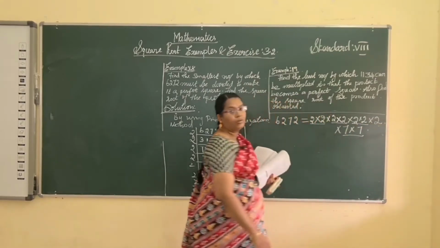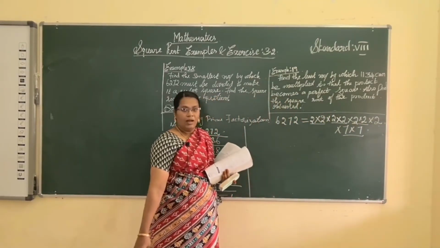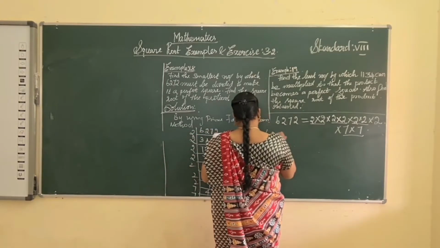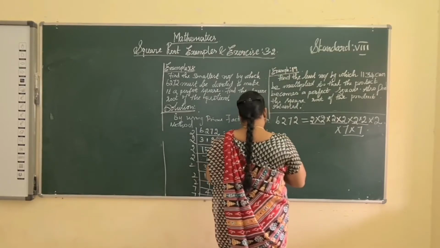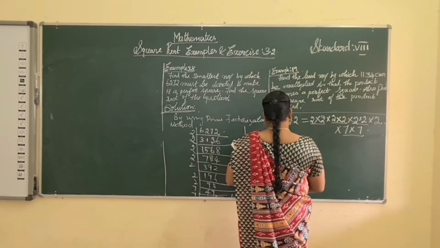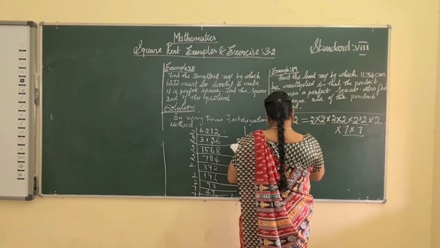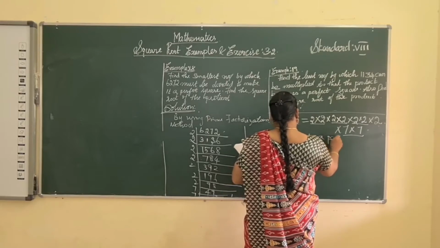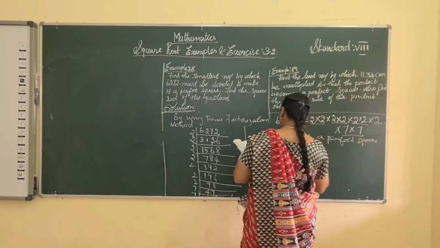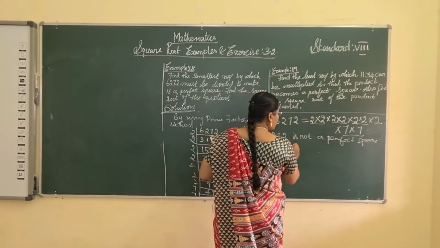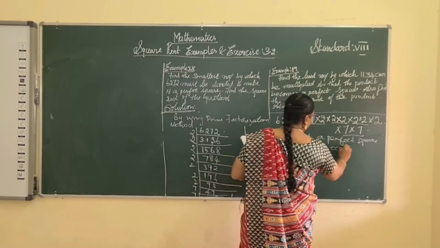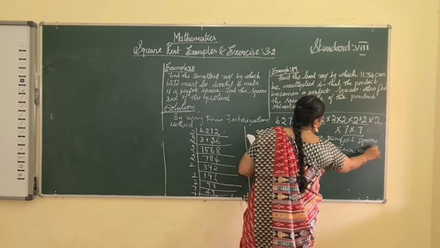Here also 2 does not occur in a pair. So 6272 is not a perfect square, since 2 does not occur in a pair.